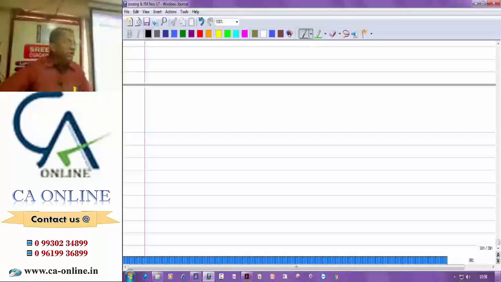Like a profit and loss account, benefits are credited and costs are debited. So you work out 1 lakh 75,000 into 5. Our calculator will tell us how much that is: 8 lakh 75,000. How many years did I say? 4 or 5 years, whichever is convenient to you. 5 years, sorry.